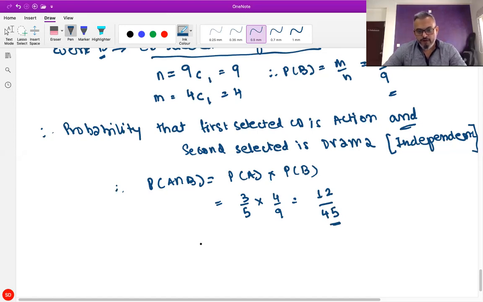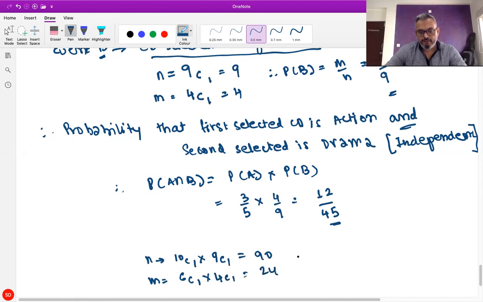Now this is one way of doing it. Other way of doing it is directly you can take n is what, पहले 10C1 दूसरा 9C1, which is equal to 90. M is equal to what, 6 में से एक, 4 में से एक, which is equal to 24. So probability is 24 by 90, which is 12 by 45. We can further solve it.